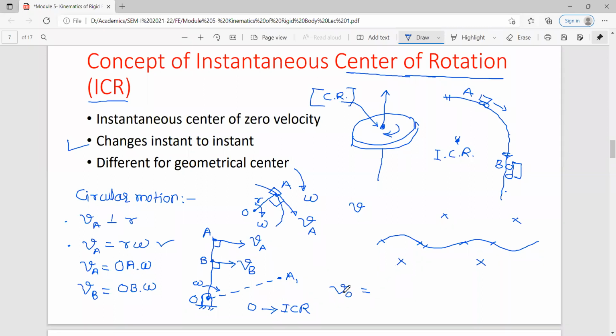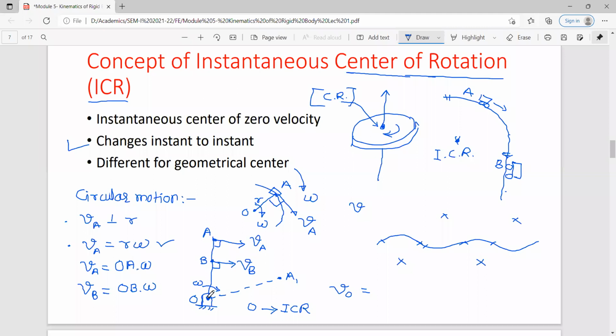The formula for it is radius multiplied by angular velocity. So what is the radius of the ICR? Tell me, what is the radius of point O? I want to know the radius of point O.